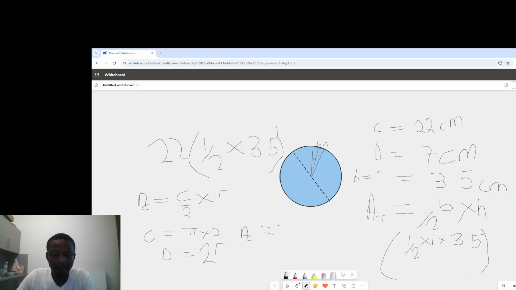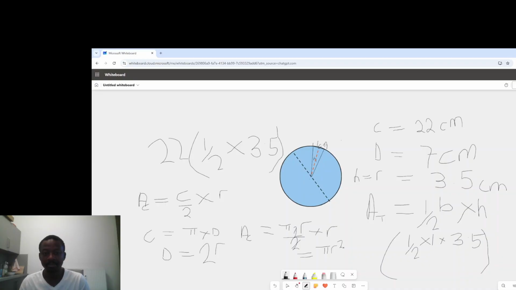So I'll have pi 2R over 2 times R, and this is where the pi r square formula came from, and it means that the area of a circle is half of the circumference times the radius.